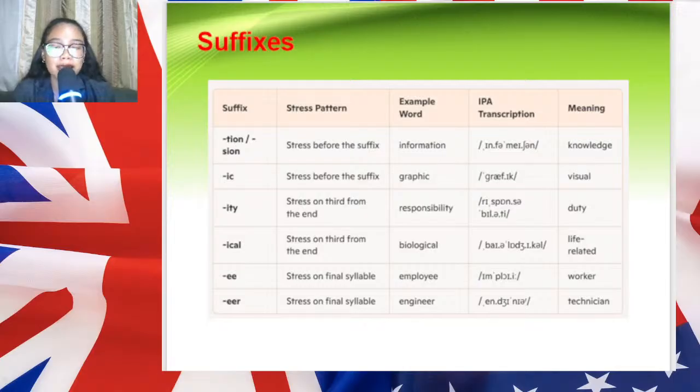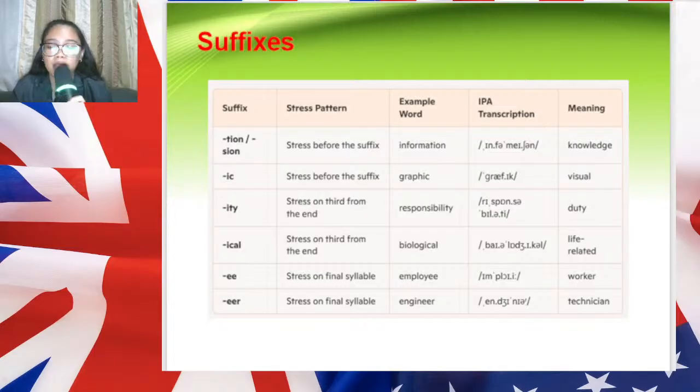So it's consistent with the IPA transcription, meaning may is the stressed syllable in the word information. So again, when it comes to the suffix tion or sion, we stress the syllable before the suffix.